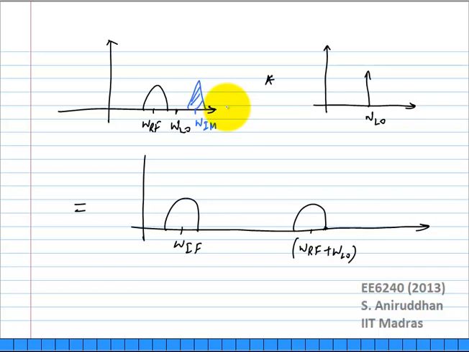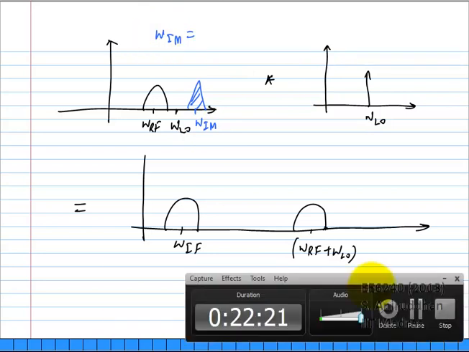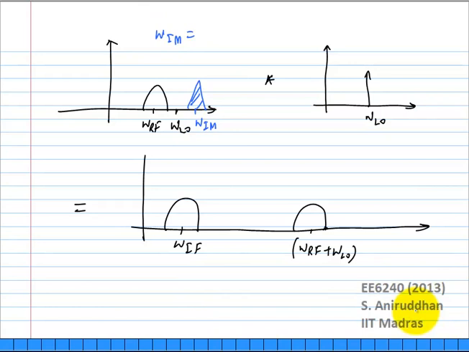So if you had a signal at a frequency omega IM, which was omega LO plus omega IF.